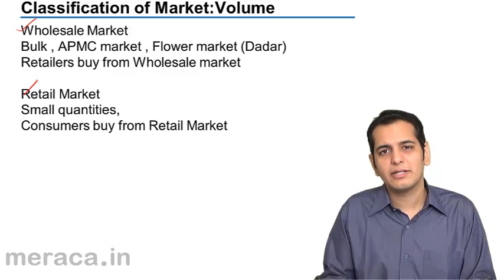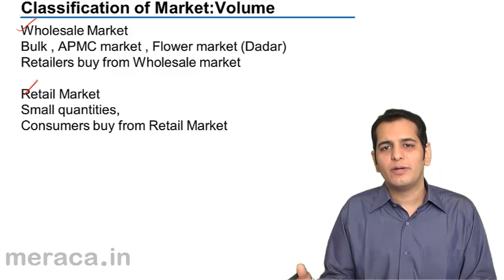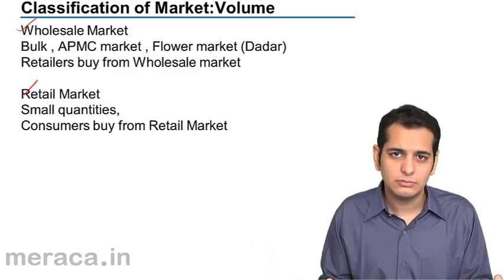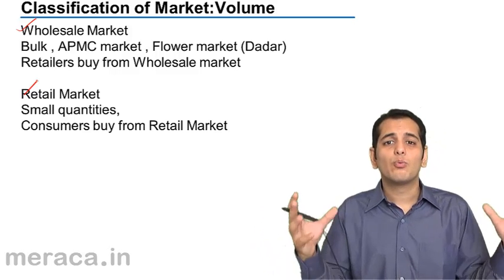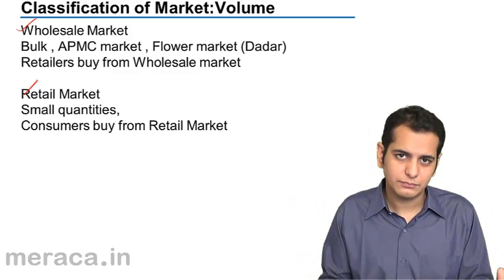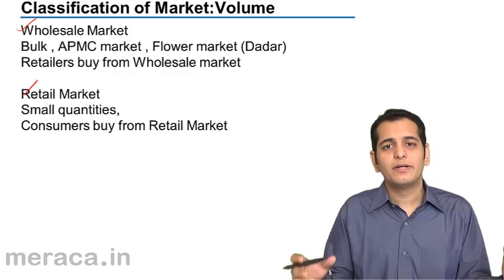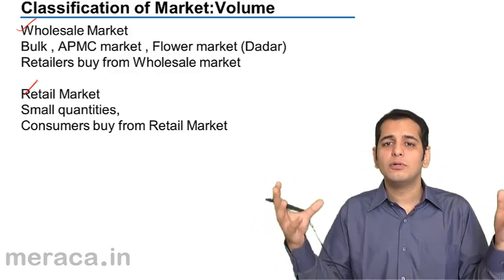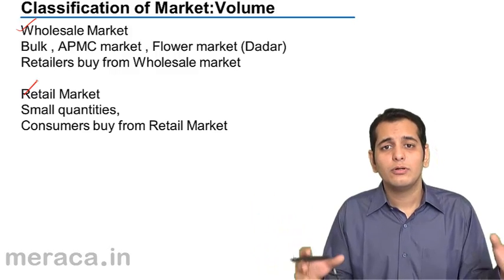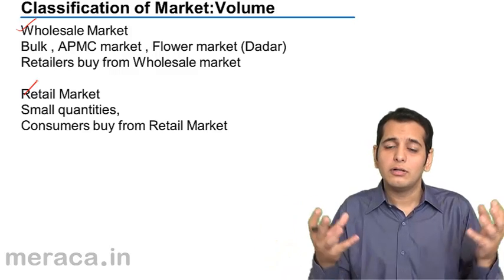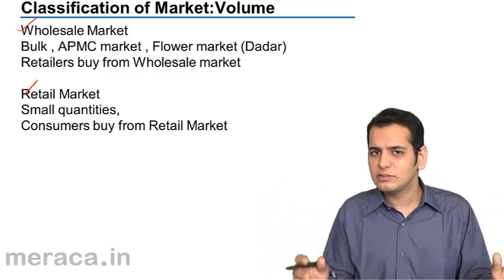A wholesale market is a market wherein goods are sold and purchased in bulk. Bulk quantities of goods are sold and purchased. So when the quantities are in bulk, the volume has to be more. So the markets where the volume is more are called bulk markets or wholesale markets.